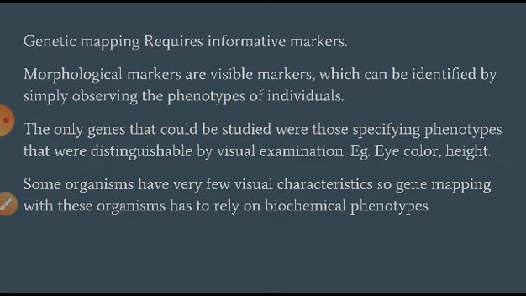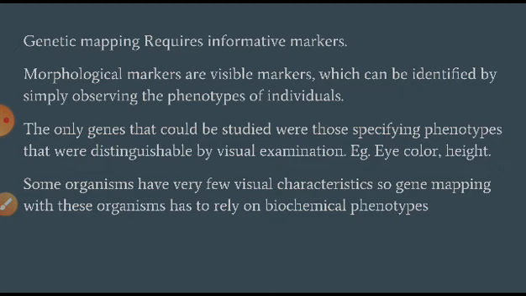Some organisms have very few visual characteristics, so gene mapping with those organisms has to rely on biochemical phenotype. Now, another term other than morphological, because morphological is more on phenotypic.